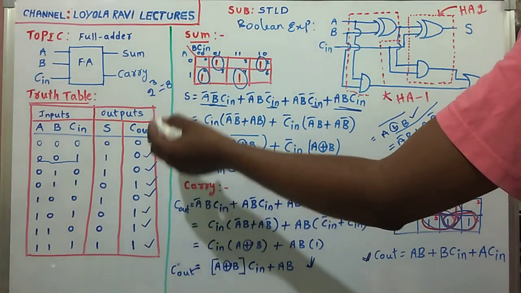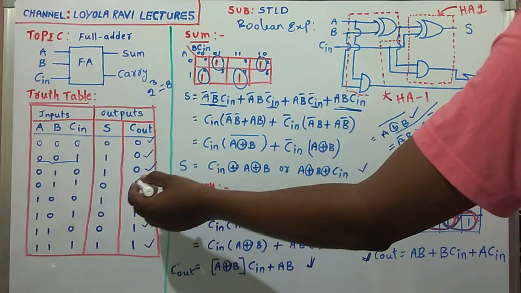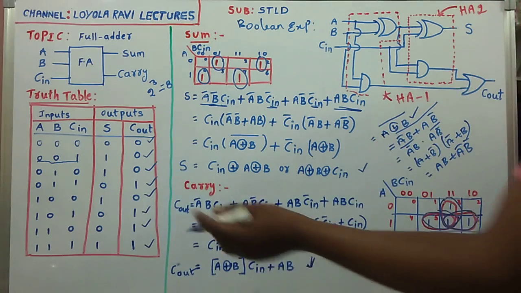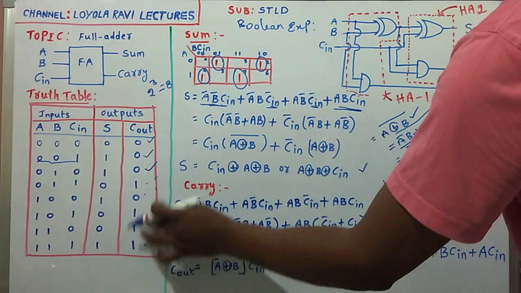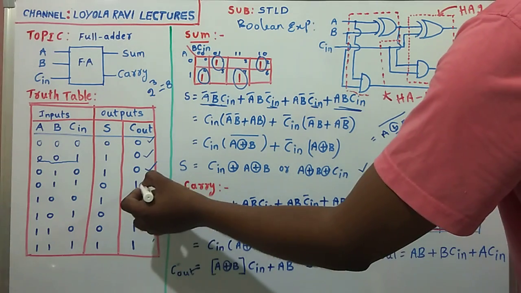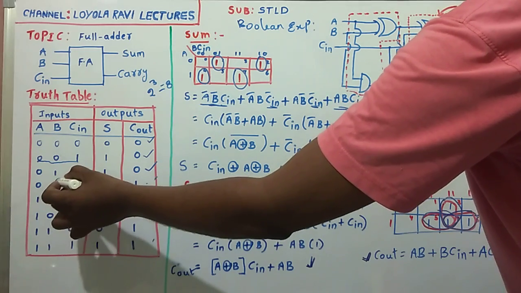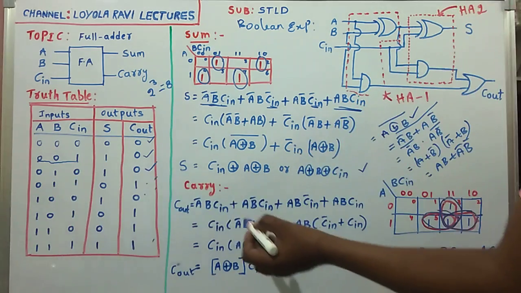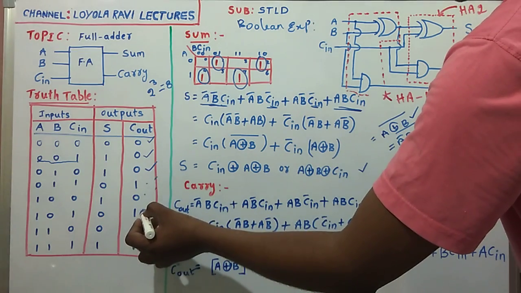From the table, where we are getting the carry output high, those corresponding inputs I am taking. Here carry is high. What is the corresponding input? 0 1 1. That is A bar, B, C in. And next, where we are getting high?